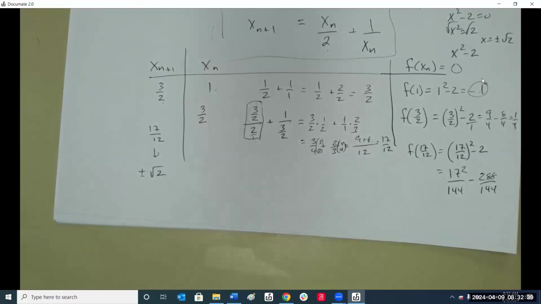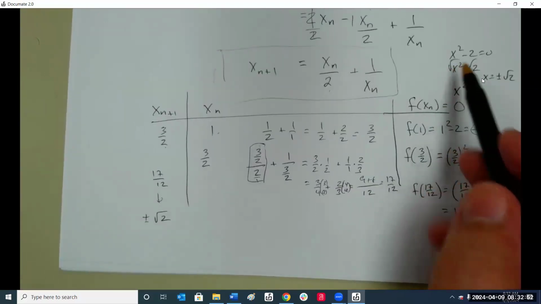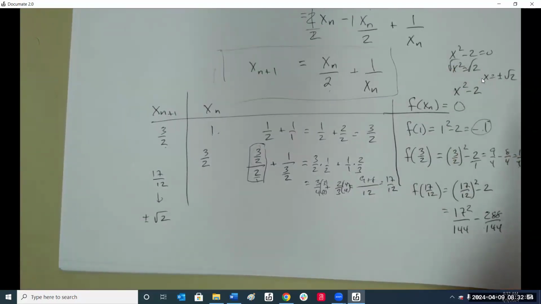Well, no, because this is looking for the x-intercepts, either one. Yes, I see what you're saying. In this case, since it's quadratic, yes, you can. But no, you can't, because what if there's a horizontal shift?